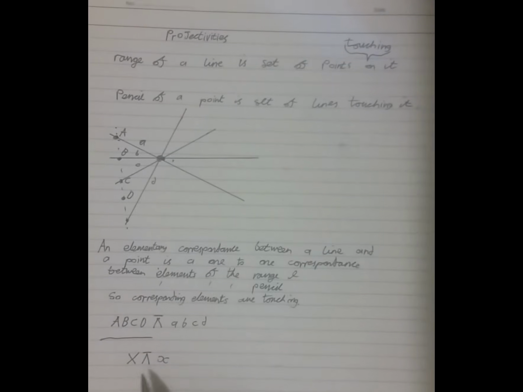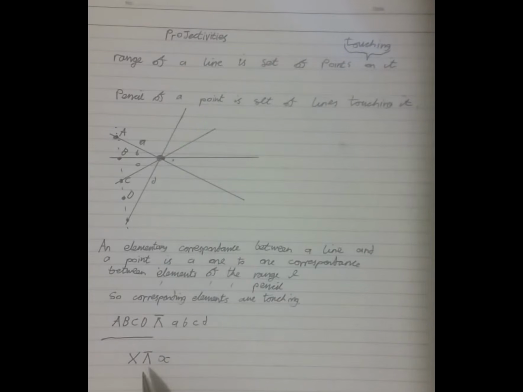Okay, so we could interpret such a statement as saying that this is a projectivity. Remember, elementary correspondence is one of the most fundamental kinds of projectivities. And we could interpret this as saying that it's a projectivity from big X onto little x. And then perhaps we could denote an inverse projectivity, something like this.